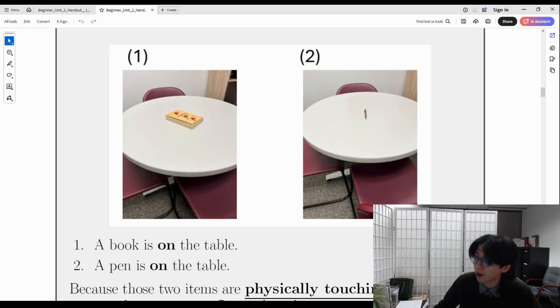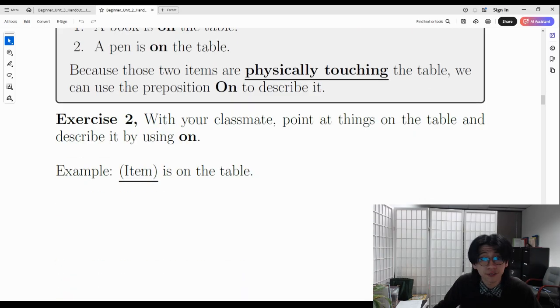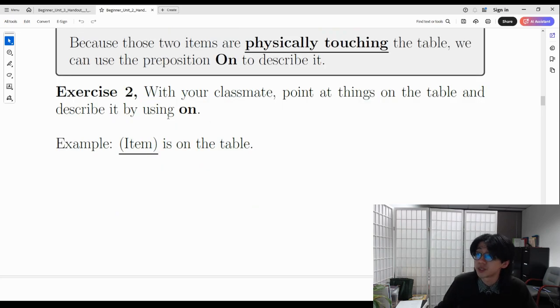Now, I want you to take time after this video to do this exercise. Exercise 2. It says with your classmate, but it's okay, you can do it on your own. You can also do it with your family member, friends, whoever you'd like. I want you to point at things on the table to describe items by using on.